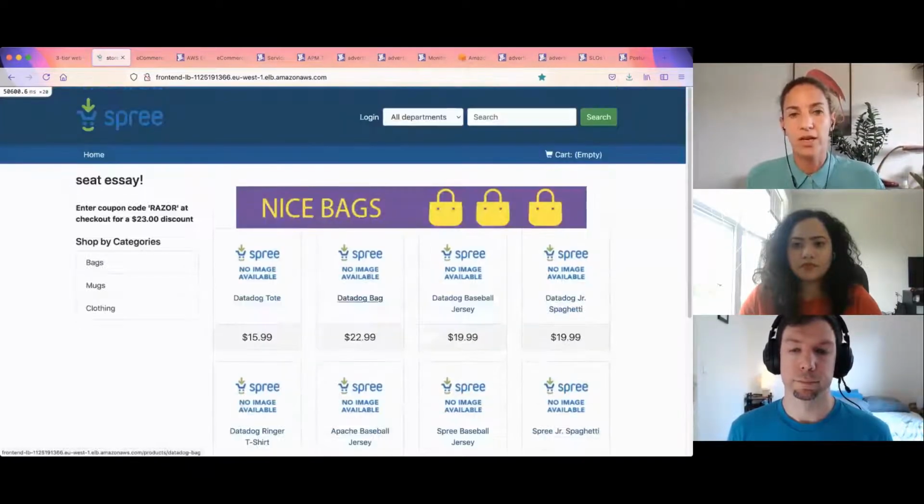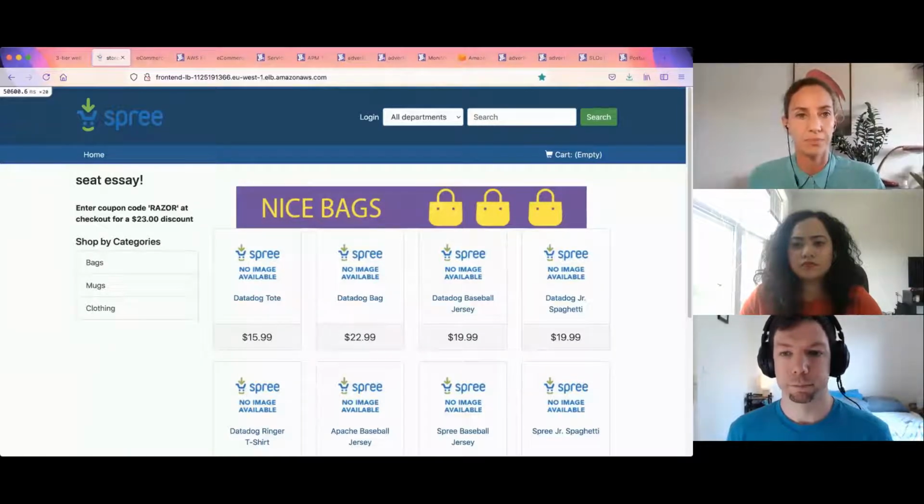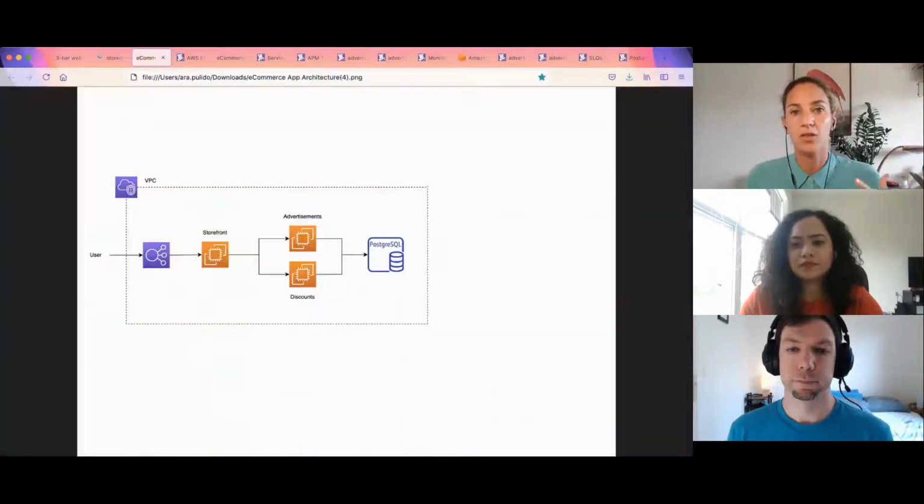So what we did on the first, and by the way, this is the application. It's actually a running application. So the 2 small services that it has, apart from all of this monolith, is just this part which serves discounts, and this part here which serves ads. So one of the techniques that we saw on the first episode was this concept of shift and reshape, which is a little bit similar to shift and left.